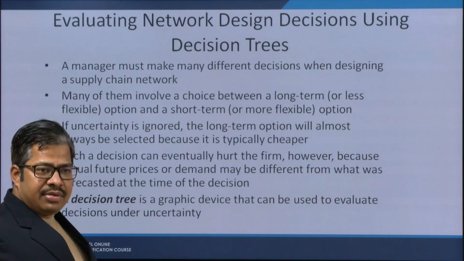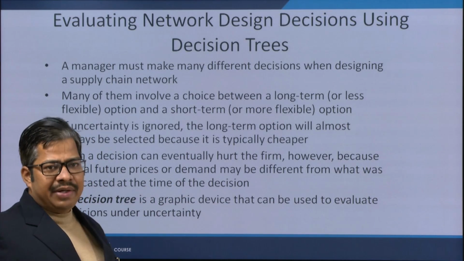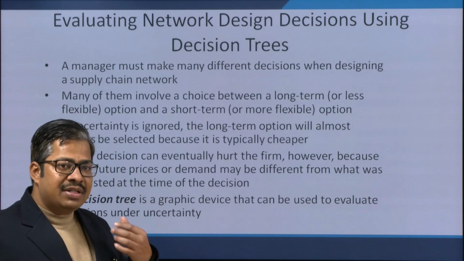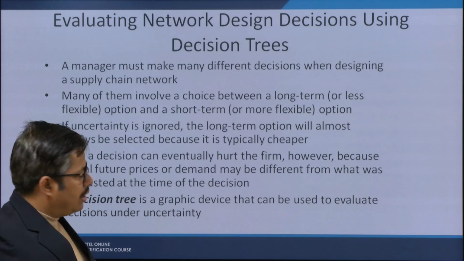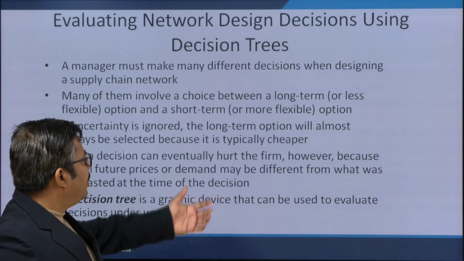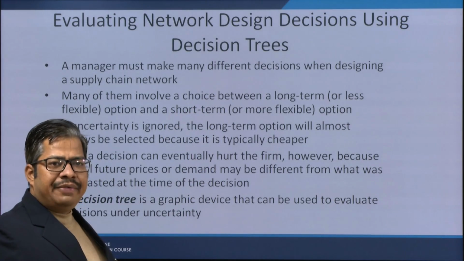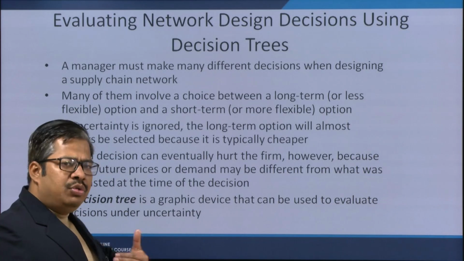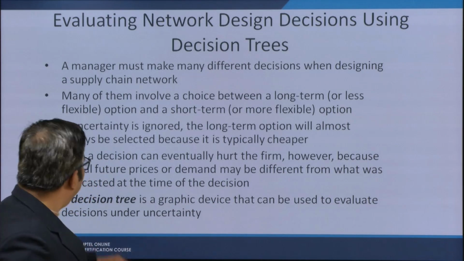So you need to see the overall benefit in these two types of decisions depending upon the amount of uncertainty in your environment. If it is a highly uncertain environment, obviously we will like to take short term decisions. If it is less uncertain, more certainty is there, you can take long term decisions.